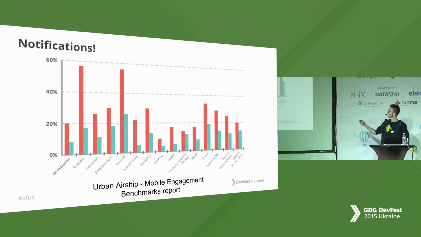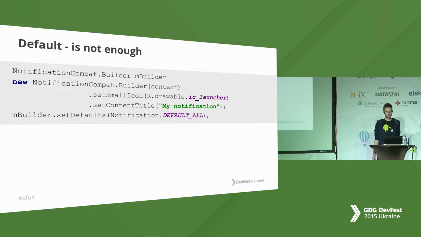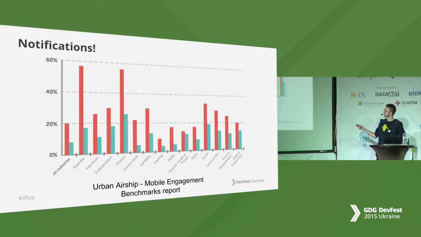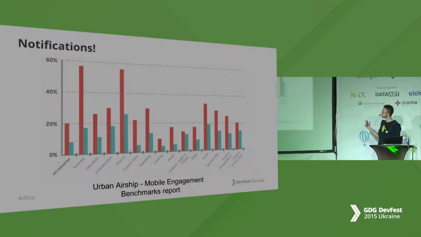As we can see, for example, one of those top bars in the middle is finance. So apps connected to finance get very high action from the user, especially on Android. And that report is very current because it was released this year. So I really recommend you go ahead and read that.